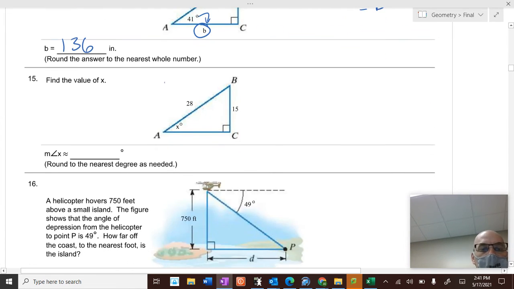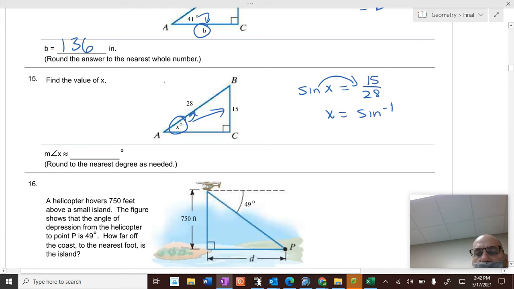Okay? All right. To find the angle, we have opposite, we have hypotenuse, so that would be sine, because it's opposite over hypotenuse. So sine of my angle x equals 15 over 28. Okay? So to get x alone, we move the sine to the other side, so it becomes the inverse sine. So on your calculator, you push second sine of 15 over 28.